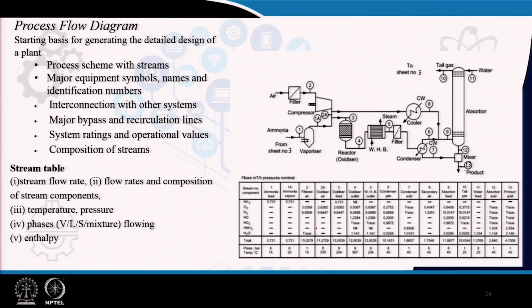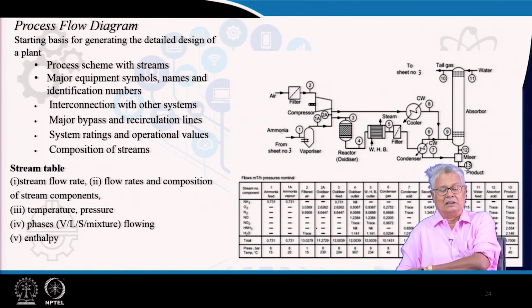Next is perhaps the starting basis of the detailed design. For this, what you require is a process flow diagram, which must contain and show all streams, major equipment, interconnection with other systems, the bypass and the circulation lines, system ratings, particularly the pressure and temperature, if there is any such thing which has to be specifically mentioned, the operating values and the composition of the stream.